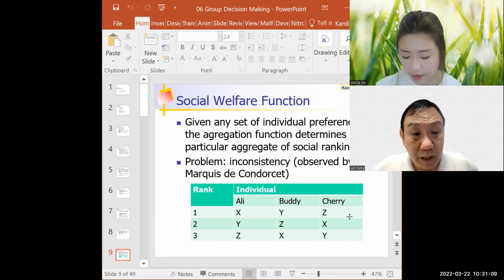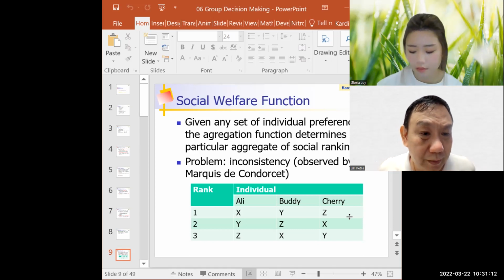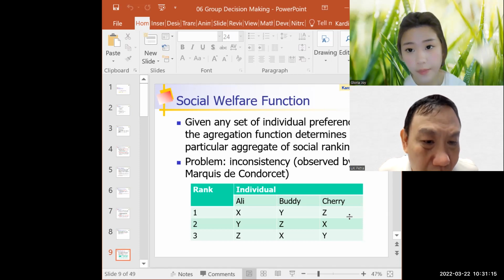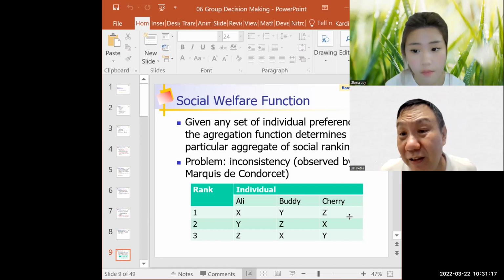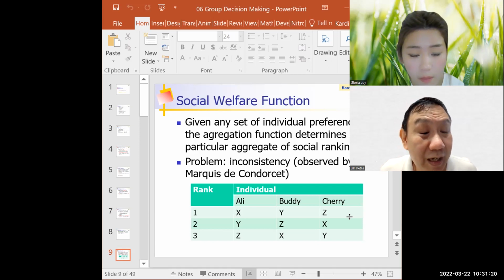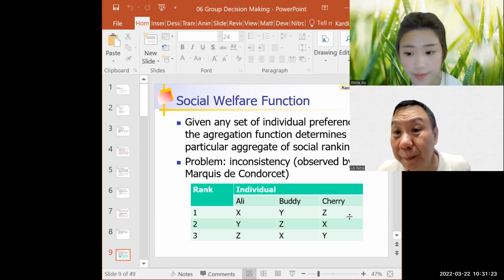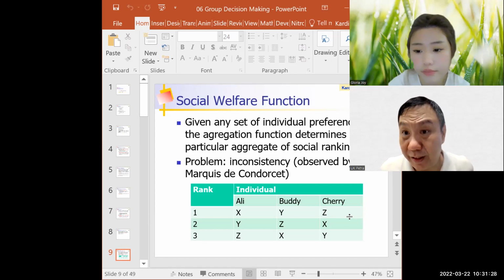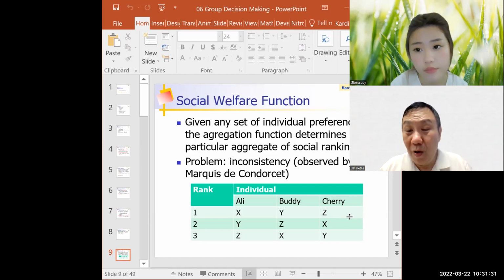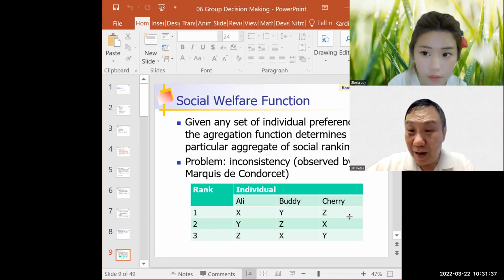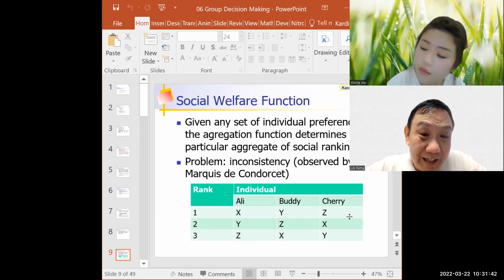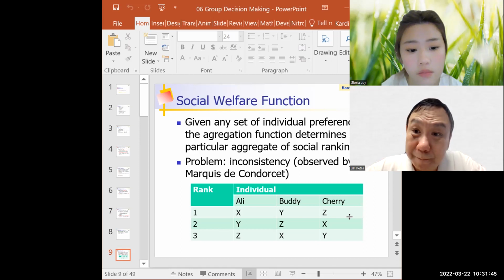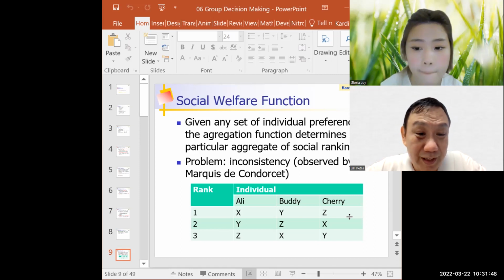There is a problem observed by Marquis de Condorcet, about the 18th century. For example, here I have 3 individuals and 3 alternatives, X, Y, and Z. X is maybe the name of a movie to watch, Y is another movie, Z is another movie. And these are the individual preferences of Ali, Buddy, and Cherry.